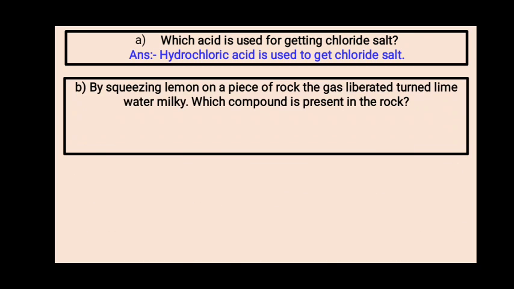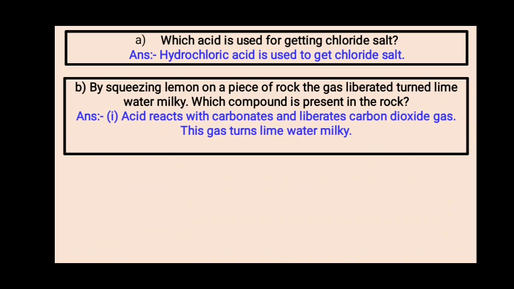Second one, by squeezing lemon on a piece of rock, the gas liberated turned lime water milky. Which compound is present in the rock? Now, when any acid reacts with carbonates, it liberates carbon dioxide gas. This carbon dioxide gas turns lime water milky.